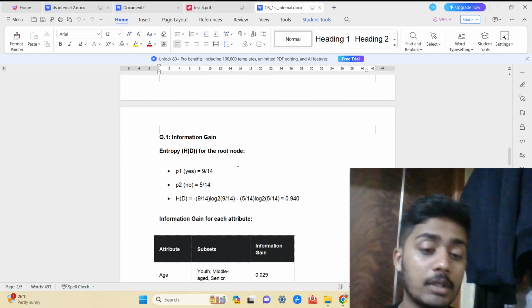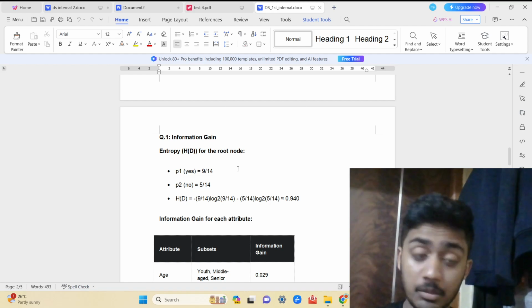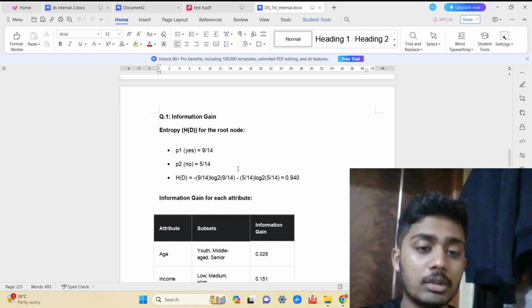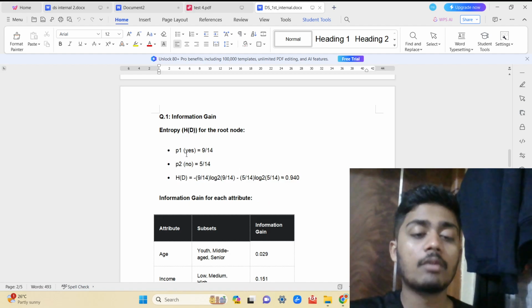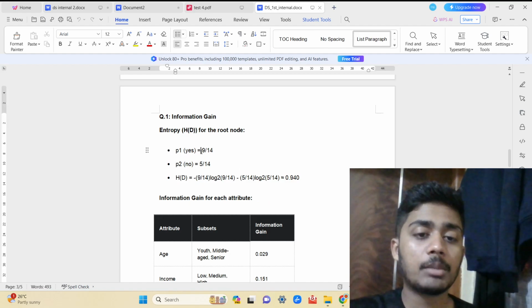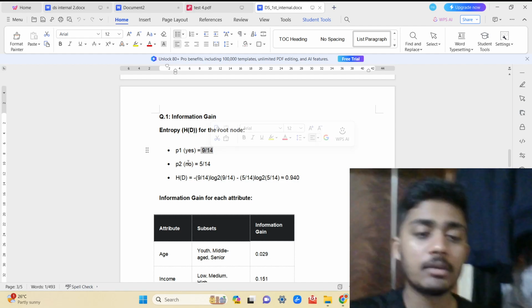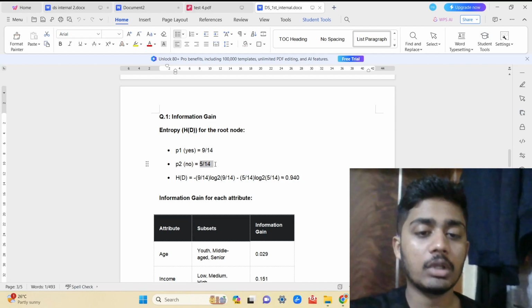Firstly, we have to find out with the help of information gain. So we will find the entropy of the root node. P1 for yes will be 9 by 14, and P2 for no will be 5 by 14.